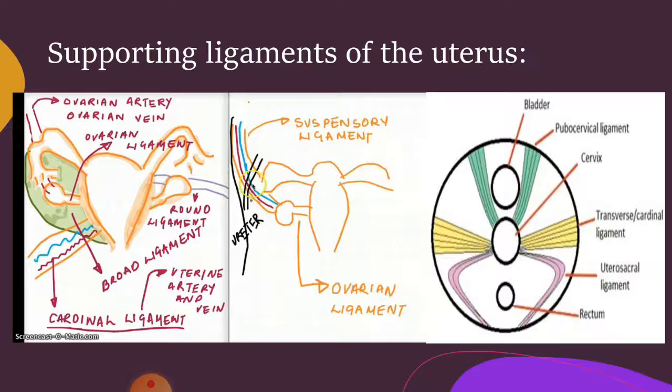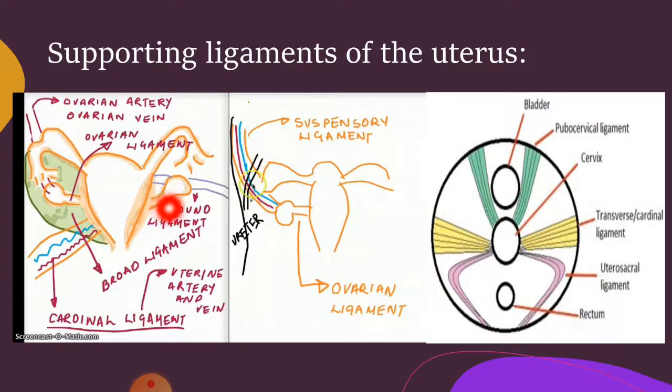Then they will pass through the inguinal canal, and they will end by fusing with the labia majora. I hope that you are familiar with the inguinal canal that we have previously discussed in our lectures.